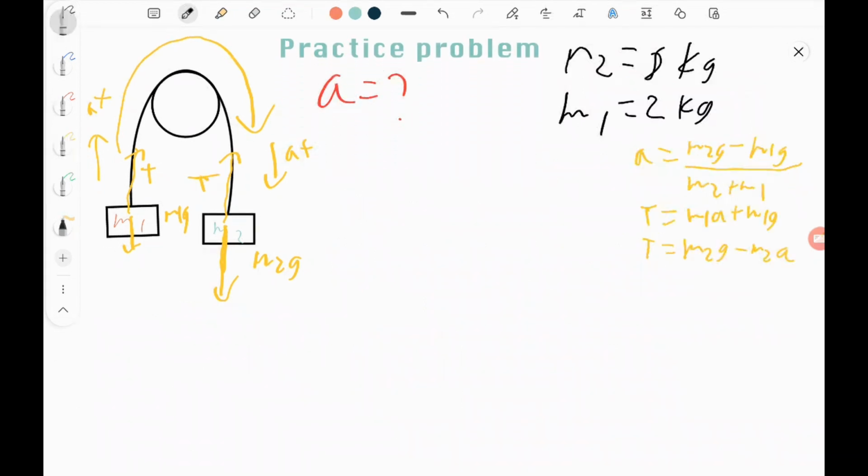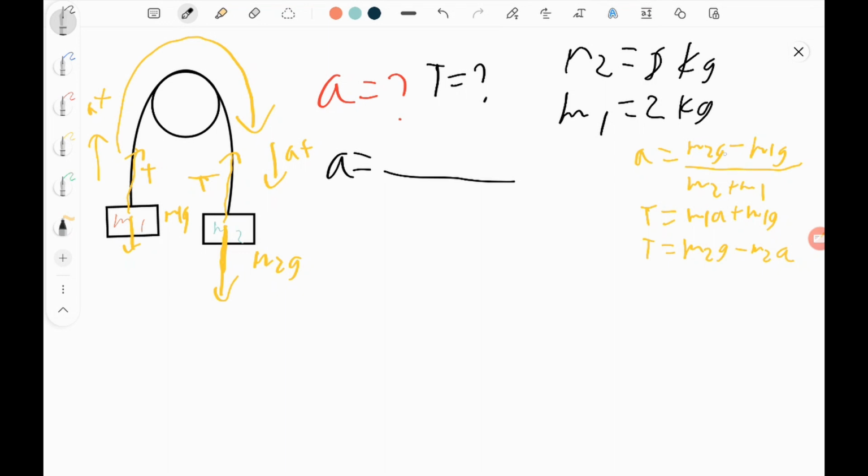Alright, so now let's use some actual values for M to obtain the acceleration. So let's say that M2 is equal to 8 kilograms and M1 is equal to 2 kilograms. So how can we find the acceleration as well as the tension? So let's find the acceleration first. So we can use the equation on the right-hand side here. So the acceleration is just equal to, well, we can pull a g out because both the terms here have a g here.